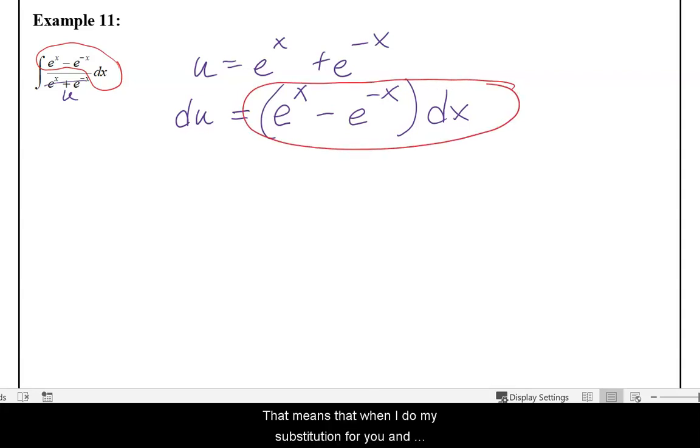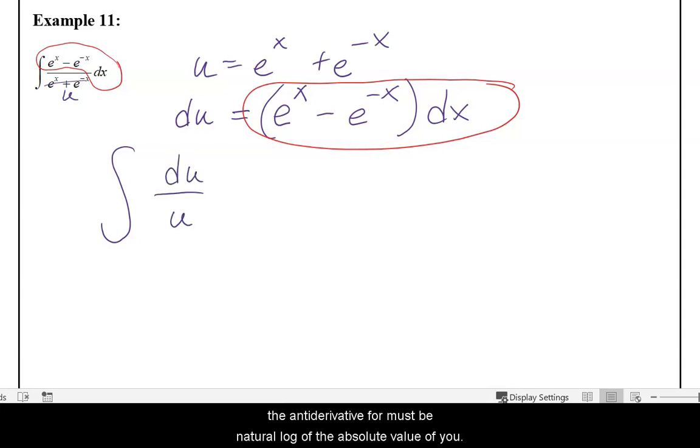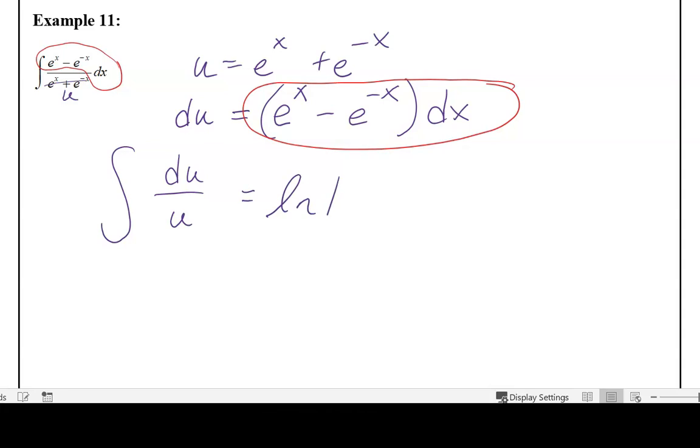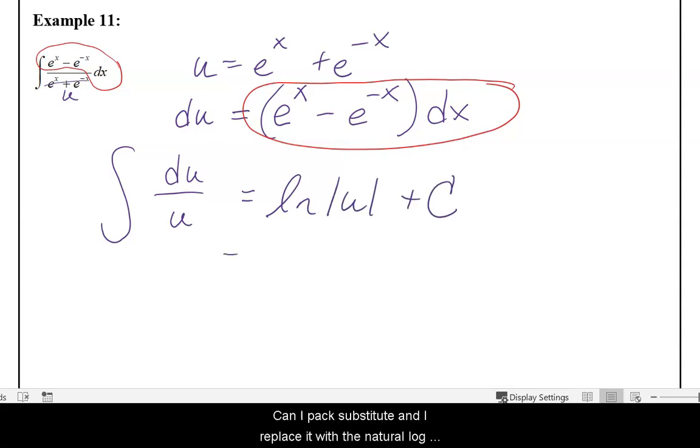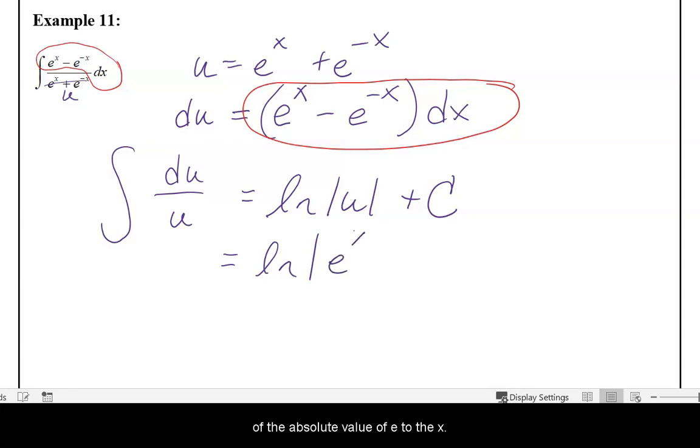That means that when I do my substitution for u and what's left, I have exactly du over u, which I know the antiderivative for must be natural log of the absolute value of u, plus the constant of integration. Then I back substitute and I replace it with the natural log of the absolute value of e to the x plus e to the minus x.